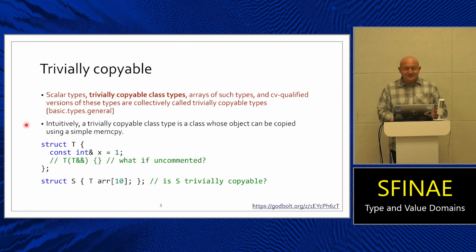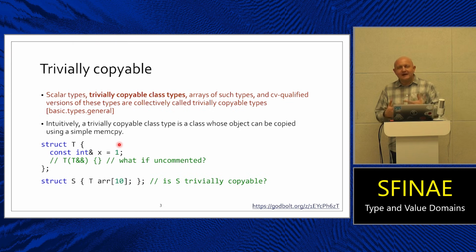Okay, let's practice a bit. Let's take a look at this example. How do you think? You may pause the video again. Is S trivially copyable or not? We have a struct T which contains a constant ref member and a default member initializer. And then we have S, which just contains an array of 10 T's.